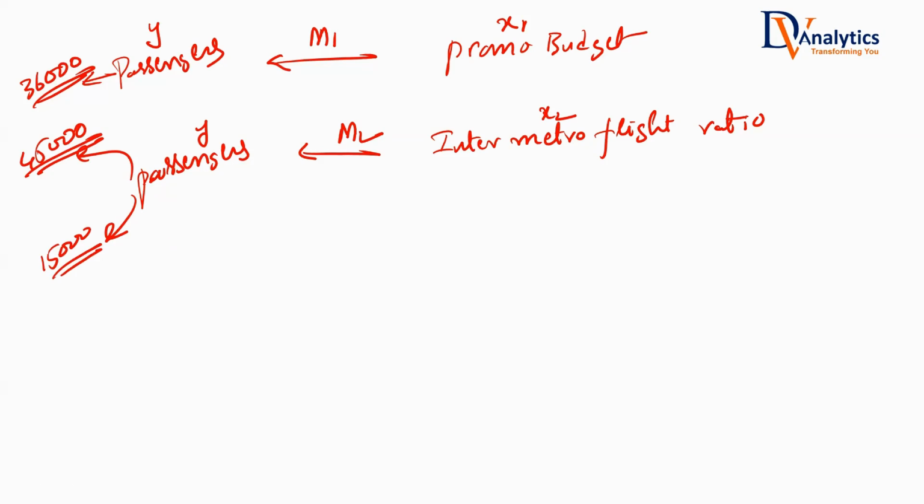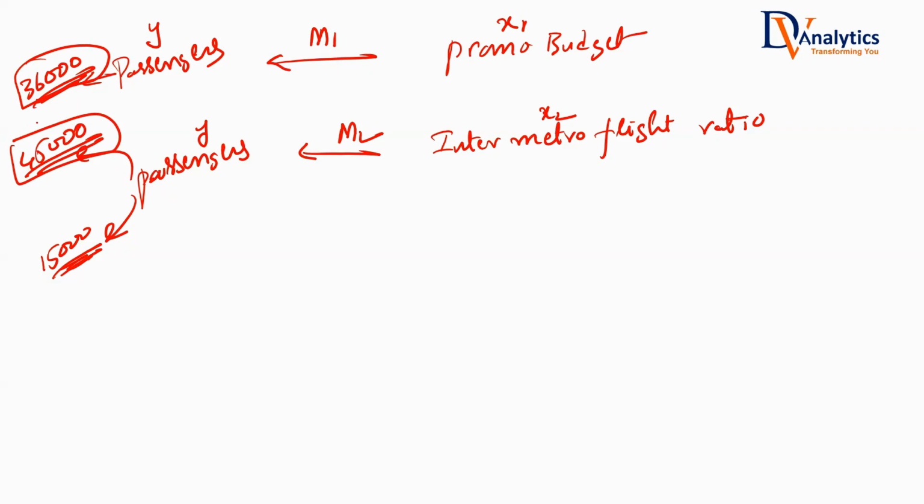What if this model predicts a much higher or much lower value than what the previous model has predicted? What if this happens? Which model should I take seriously? Which model should I believe?